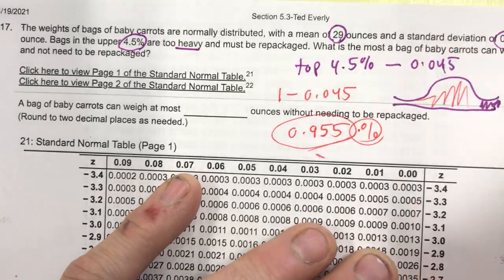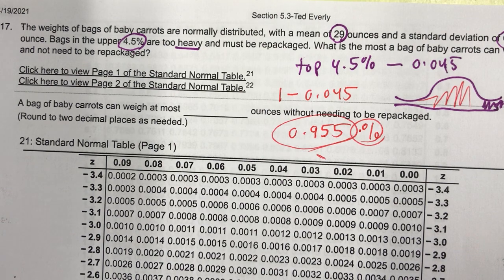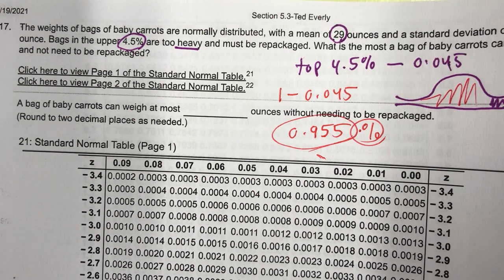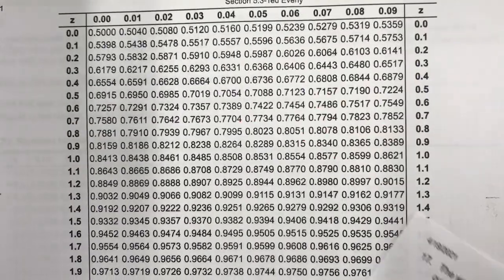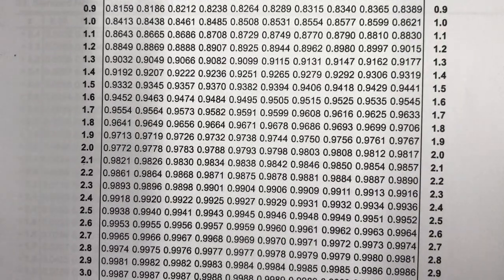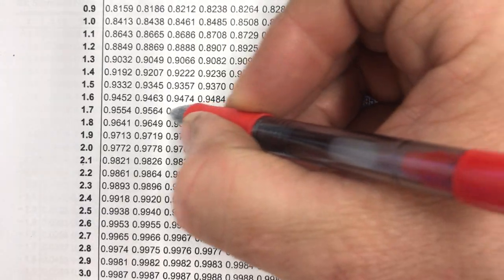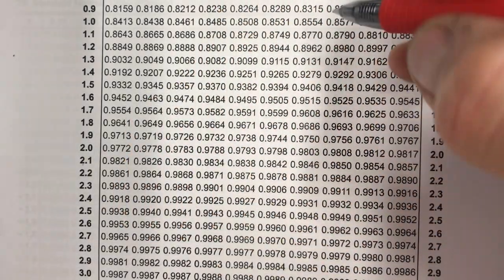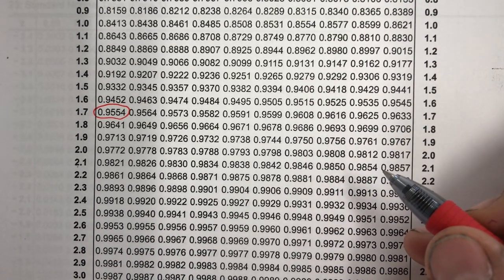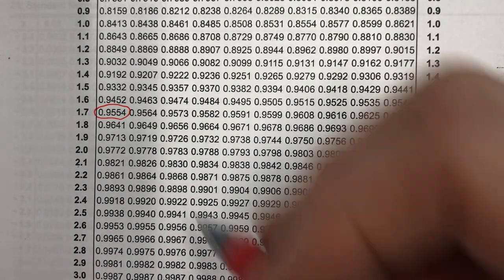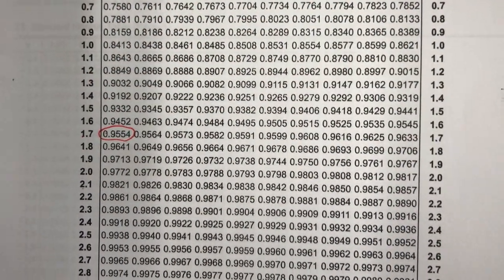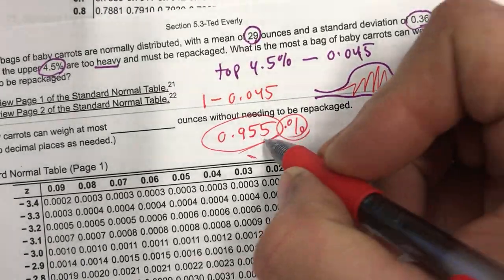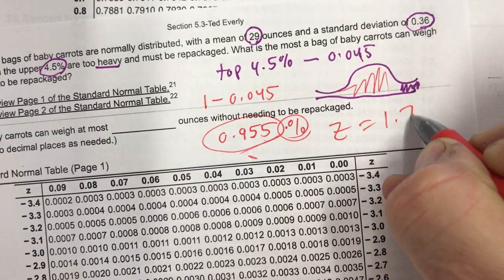So I have to look up that z-score. 0.955. Ooh, right here, man. This is real close right here. So that's going to be 1.7 straight up. So this has a z-score of 1.7.